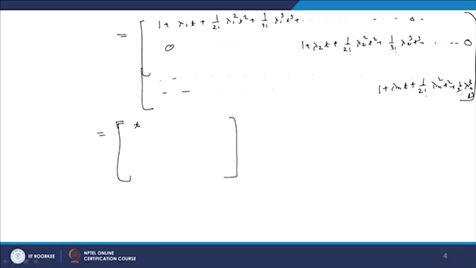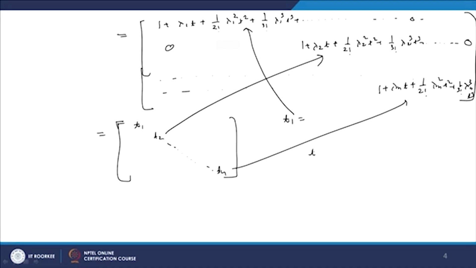This is T1, T2 and up to Tn, where T1 is nothing but this part, T2 is like this, and Tn is 1 plus lambda n t plus 1 by factorial 2 lambda n square t square plus 1 by factorial 3 lambda n cube t cube. This process we did. That means, we will get elements in the diagonal form only.